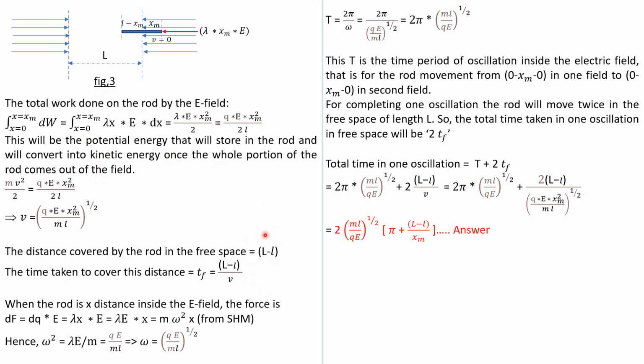So the distance covered by the rod in the free space is capital L minus small l, and the time taken for that, because in this region there is no force acting on the rod, so it will move with the same velocity, is Tf.